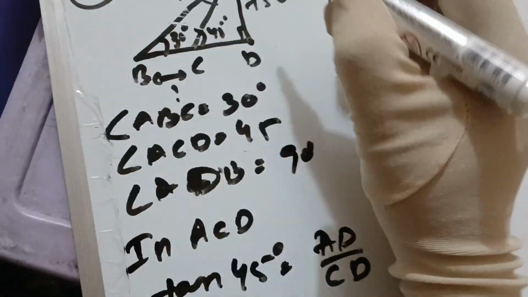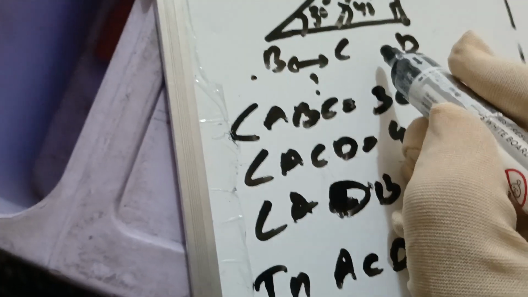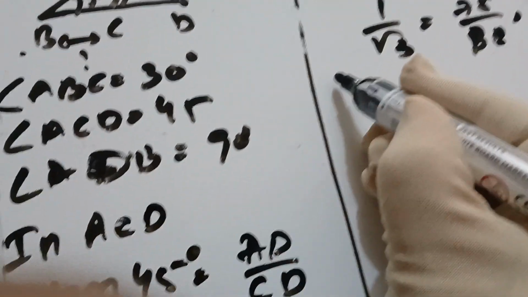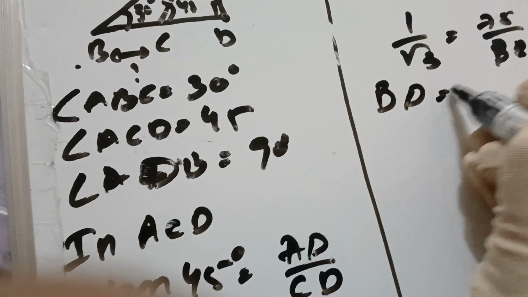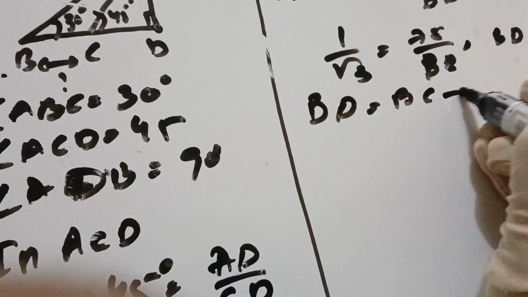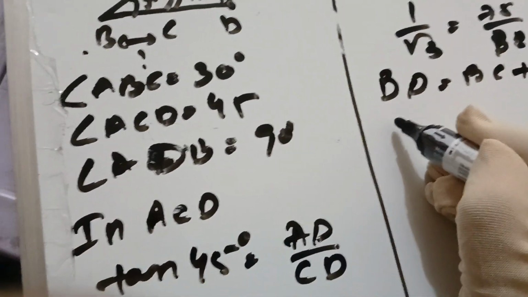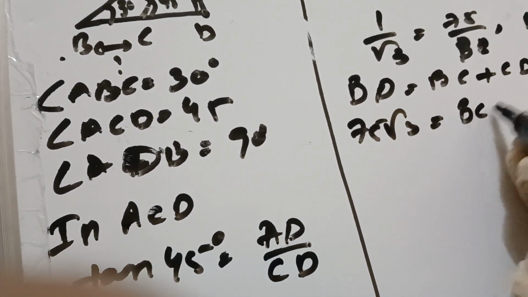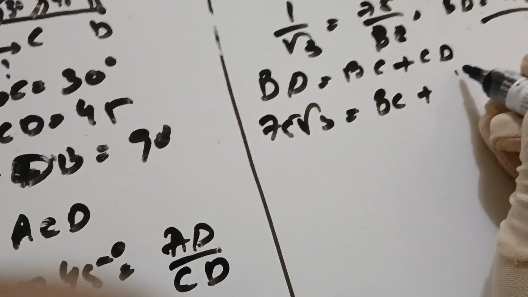Now what we have to calculate? We know the BD, we know the CD, we have to calculate BC. So what we will do? We will write BD is equal to BC plus CD. So we substitute the values: 75 root 3 is equal to BC, which we have to find out, plus CD, which we have calculated as 75.